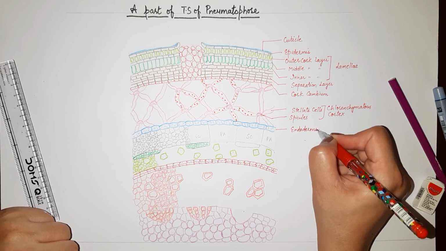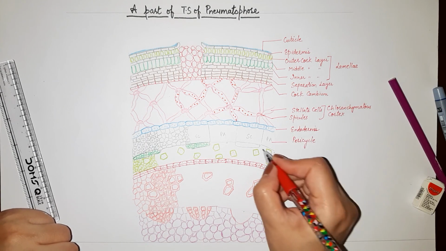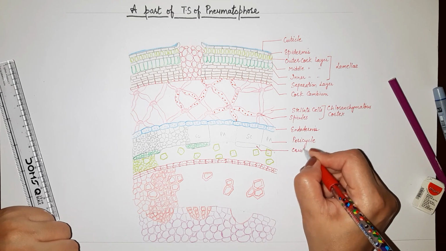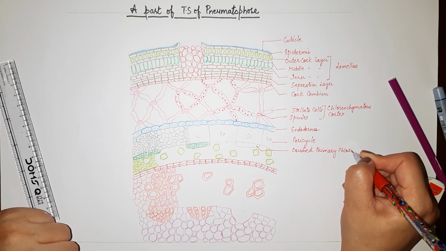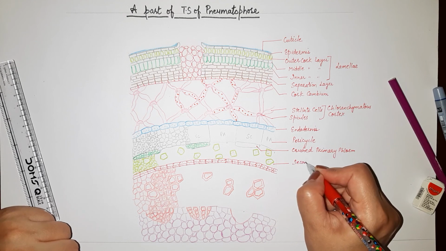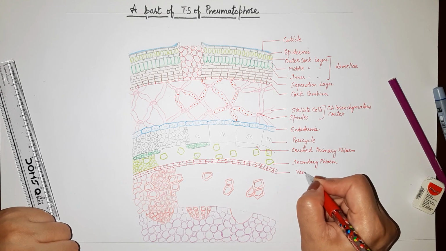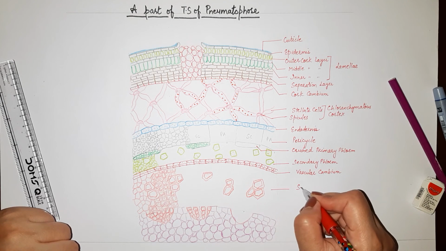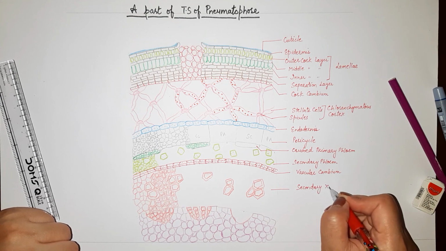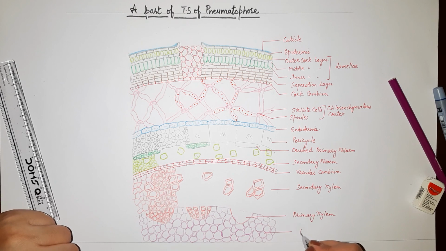Endodermis, pericycle, crushed primary phloem, secondary phloem, vascular cambium, secondary xylem, primary xylem, and pith.